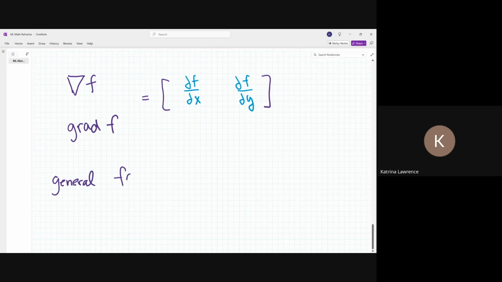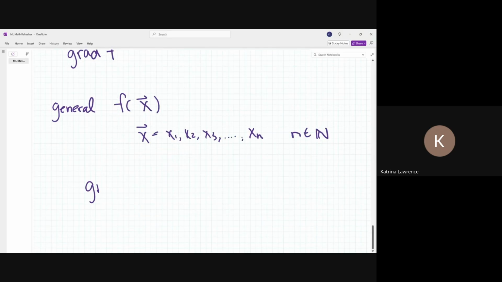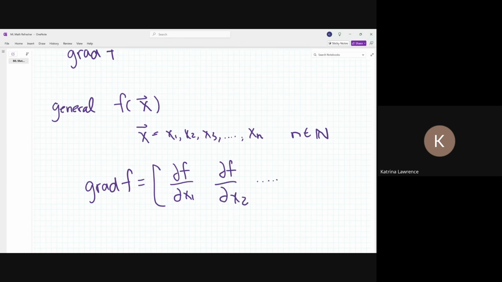If we have f of x, and x equals x1, x2, x3, all the way to xn, and n is a natural number, so we have all the positive integers, then our gradient, grad f, would equal df over dx1, df over dx2, all the way to df over dxn.